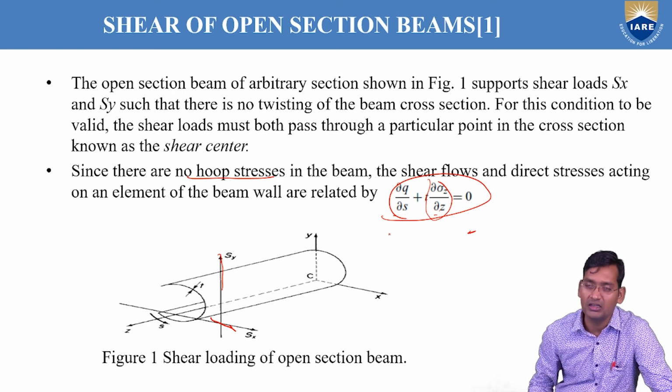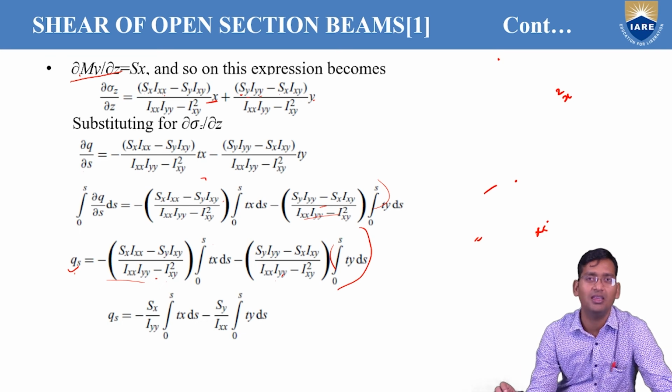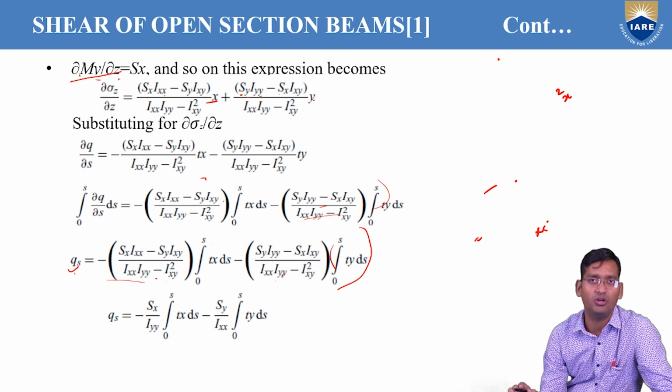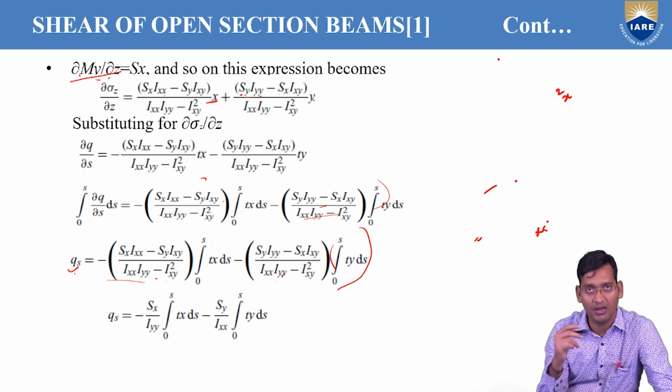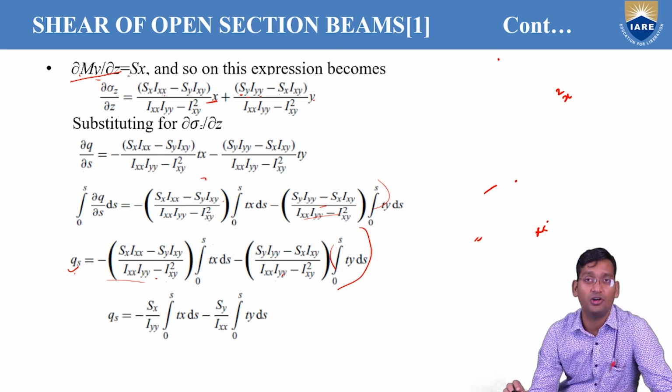Okay, so let's find del sigma z by del z. First, moment by distance. Moment is load, that is force, into perpendicular distance. So from here, del Mb equals Sx into del z, so Sx equals del Mb by del z. Now stress is force per unit area, right?